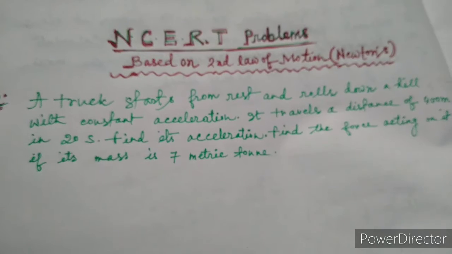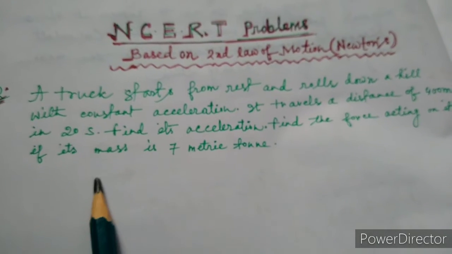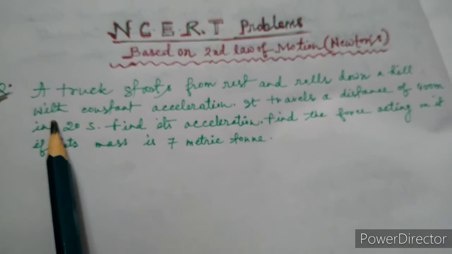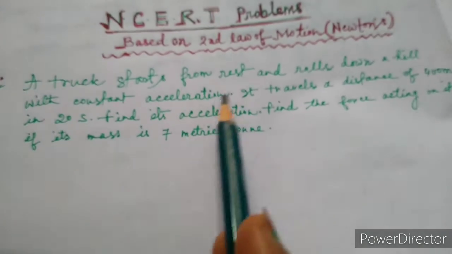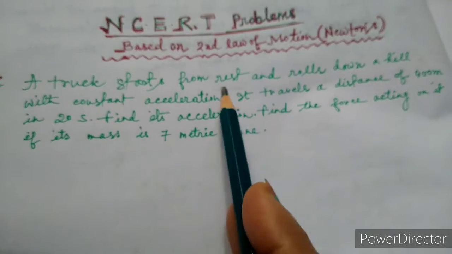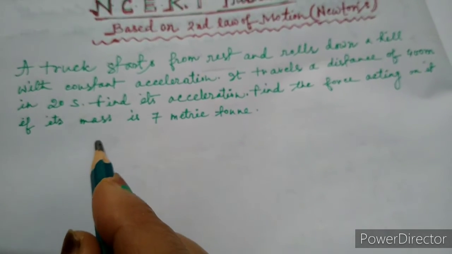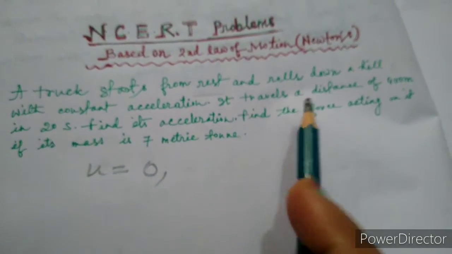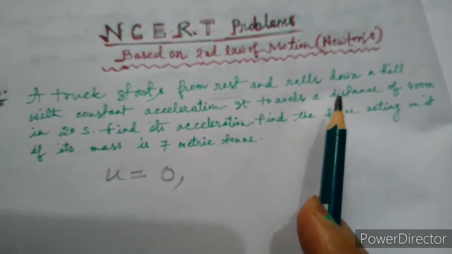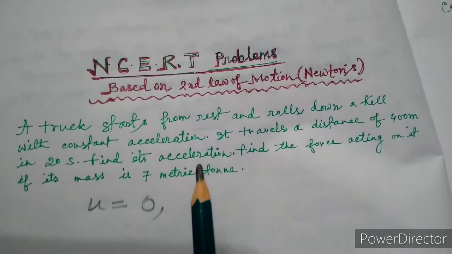So let us collect the data from the given problem. It is written, a truck starts from rest. Since it is starting from rest, that means u, the initial velocity, will be 0. And it rolls down a hill with constant acceleration.